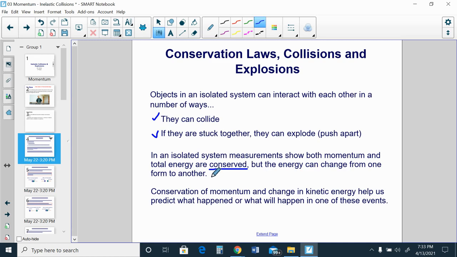However, it can be in different forms. For example, it can start as potential energy, and some or all of it might end up as kinetic energy, but the amounts will be equal. Now, conservation of momentum and change in kinetic energy help us predict what happened or what will happen in one of these events, collisions and explosions.